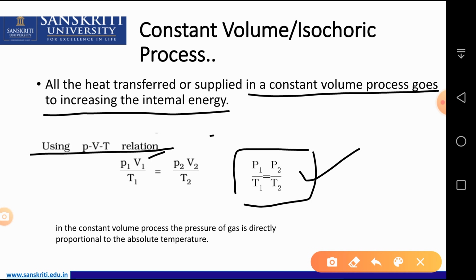If you solve a problem of such a process, you have to use this relation to find the state properties. If the pressure is given and the final temperature is given, you can find the initial temperature. Once every property is found, we can assess the result.